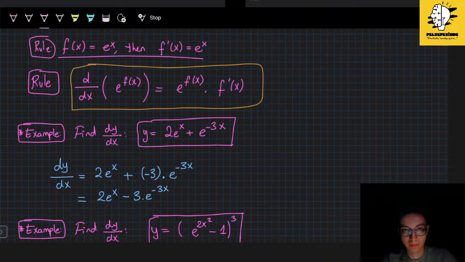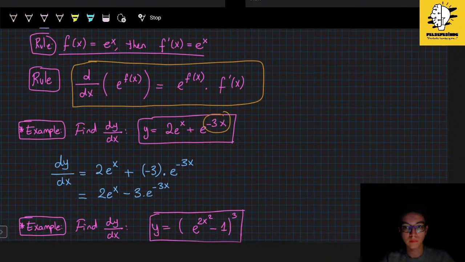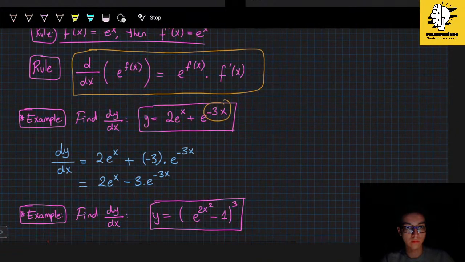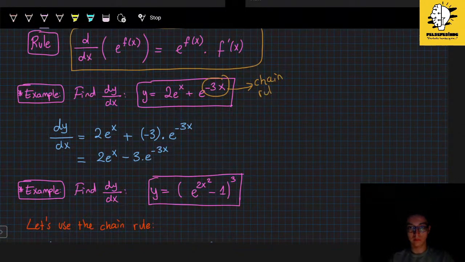Okay, so let's solve the first example. We have 2 times e to the power of x plus e to the power of minus 3x. We have an x here. So what does it mean? We are going to use the chain rule. The first one, 2 times e to the power x, is going to be the same. We are not going to touch it, because when we take a look at the formula, you don't have to do anything to it.